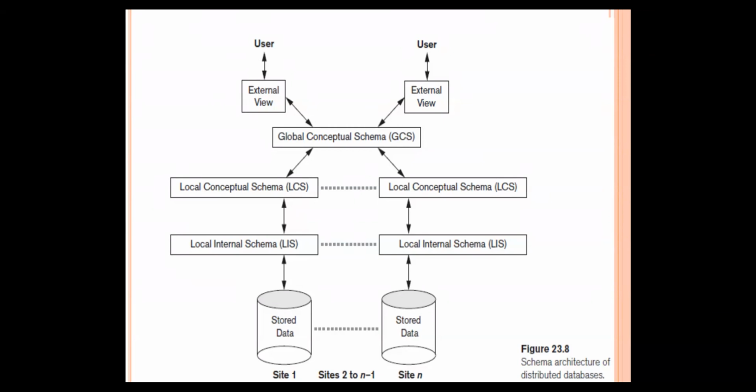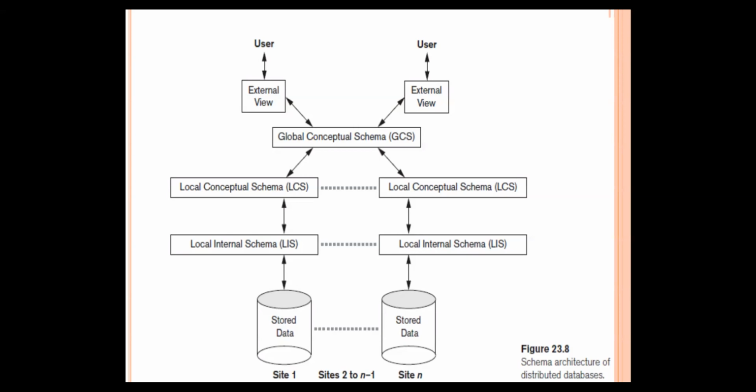A customer who has an ATM card, debit card or credit card, goes to the ATM and inserts his debit card to do some transaction. He has access to only the external view. External view means he can only see the screen. He doesn't know what is happening in the server or the database.